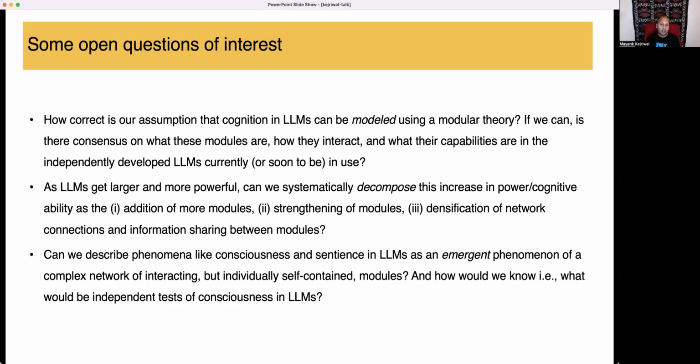We believe that consciousness in LLMs, if it ever comes around, will be an emergent phenomenon. There's no one module that says the LLM is conscious or not conscious. So we feel that the best way to understand it is as a complex network of interacting modules. But how to actually do this, and what the test is, is right now not something we have an answer to.